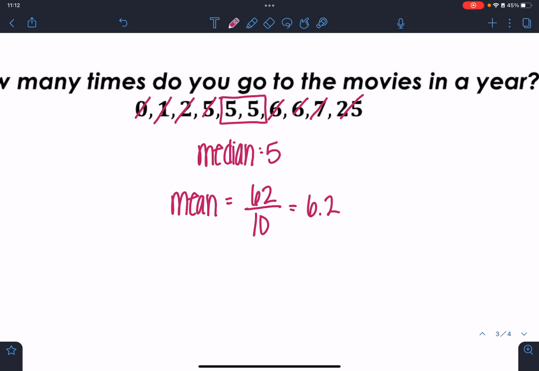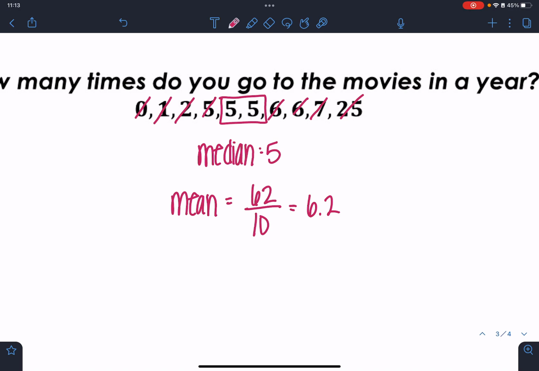So let's take a look, okay? Is 5 a better representation of this data, or is 6.2 better as your center? So are the majority of my numbers closer to 5, or are they closer to 6.2? Think of it like this: are the majority of my numbers greater than 5 or less than 5, or greater than 6 or less than 6?